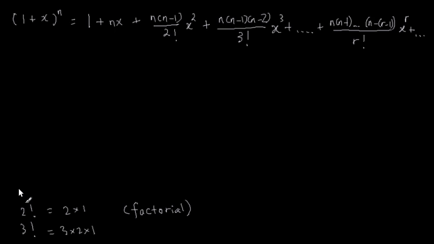Now 1 factorial is just 1. As for 0 factorial, it would seem quite meaningless, seeing that if you have 2, you have to multiply until 1, and if you have 3, you have to multiply all the way until 1. So if it's 0, what does it mean?